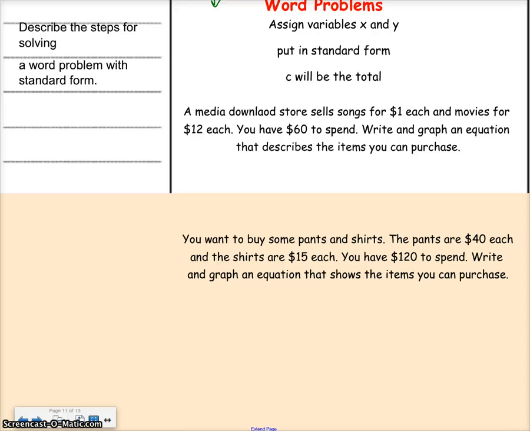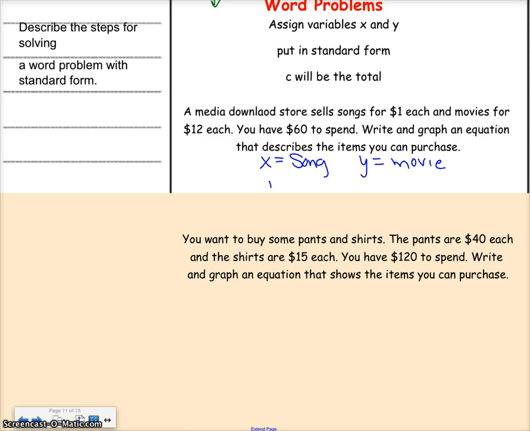You have $60 to spend. What is an equation and graph that models this? You have to let your x equal something and let your y equal something. I'm going to say x is my song, y is my movie. C is always going to be your total.